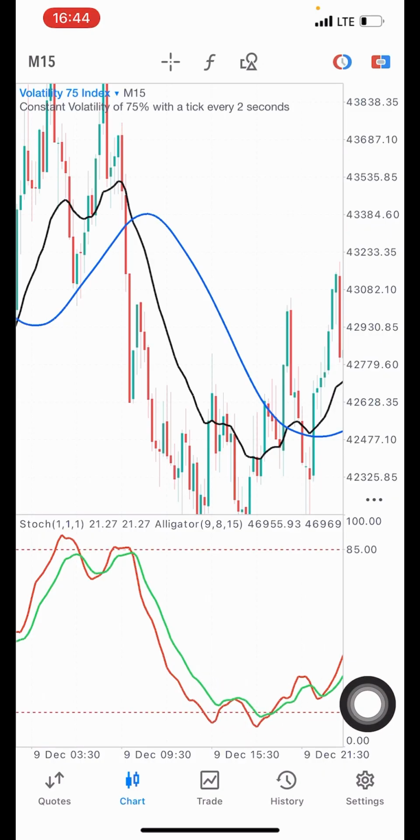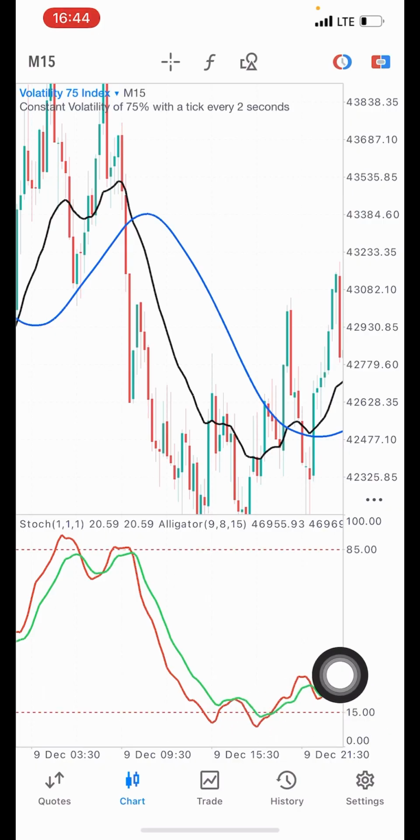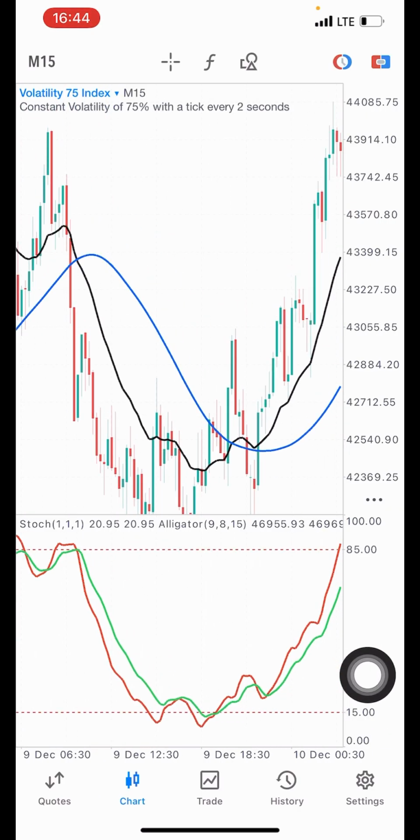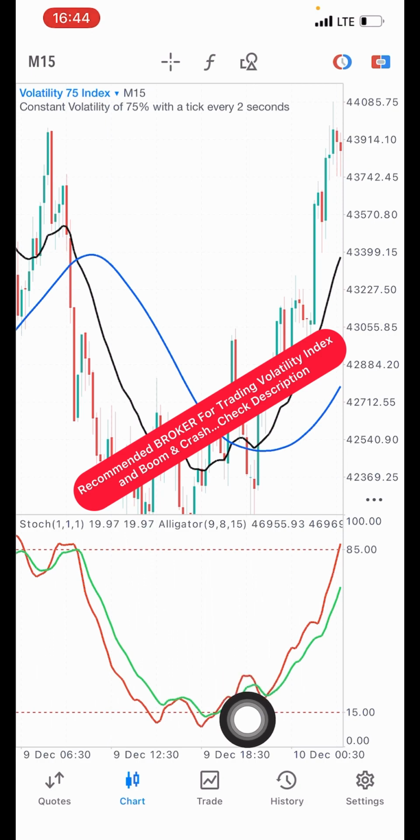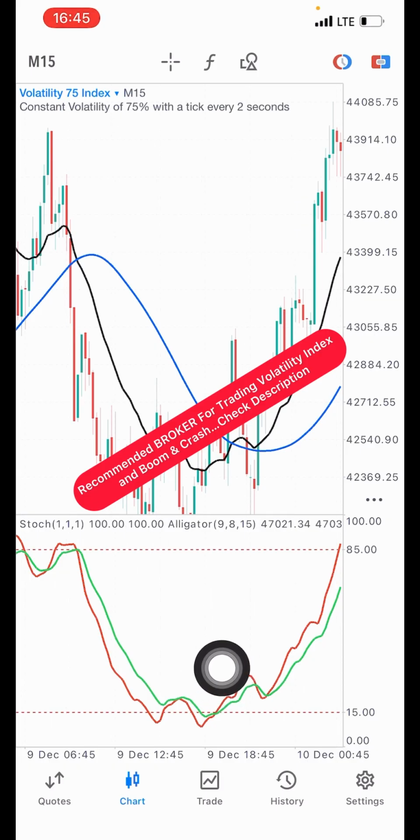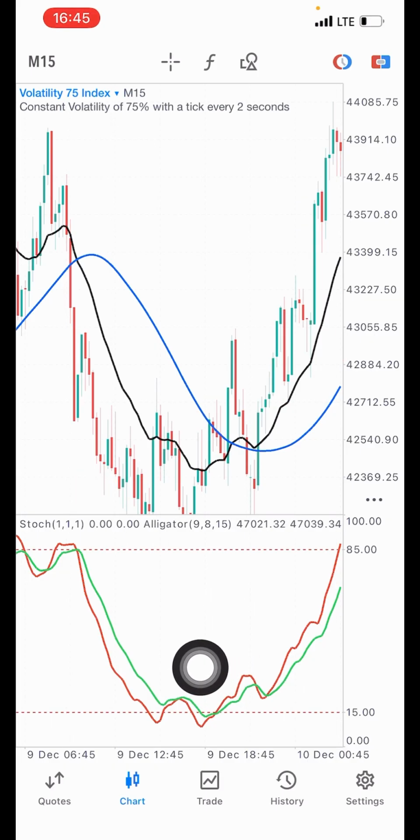Once you get this confirmation, you wait for the crossing of the red. This red line needs to cross above the green line. You need to see a crossing, which is indicating a buy signal. Now you can see this is a buy example, so take note of that.